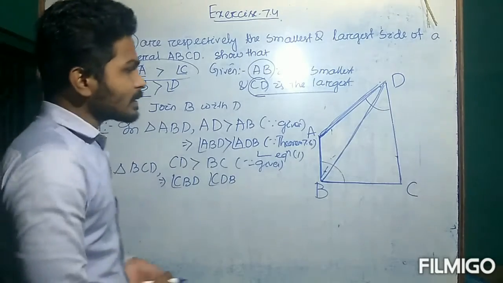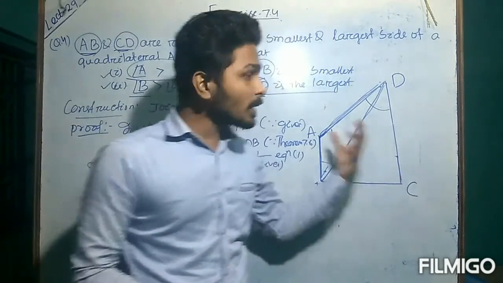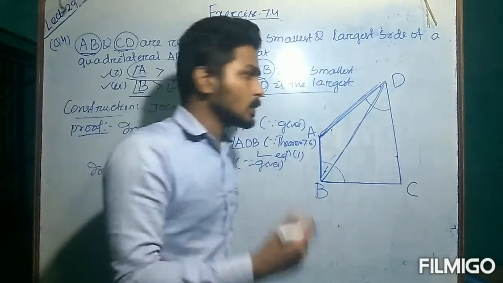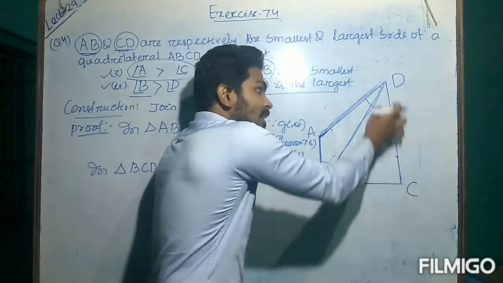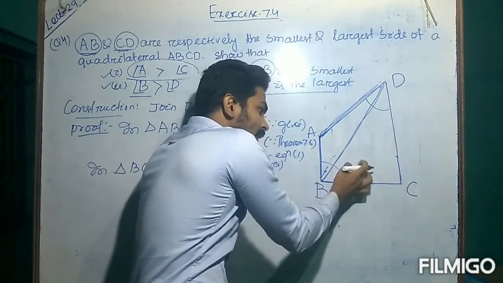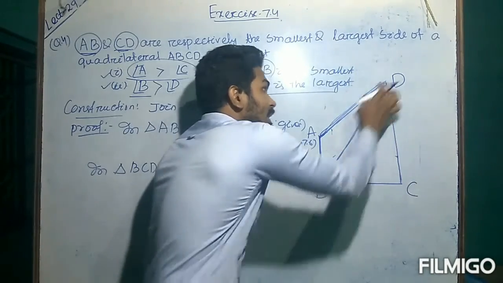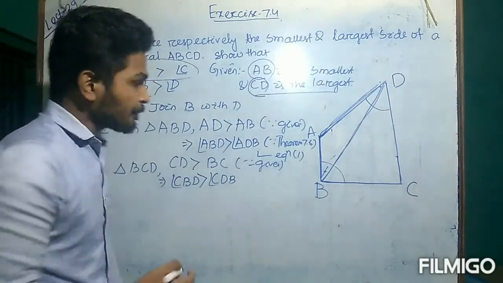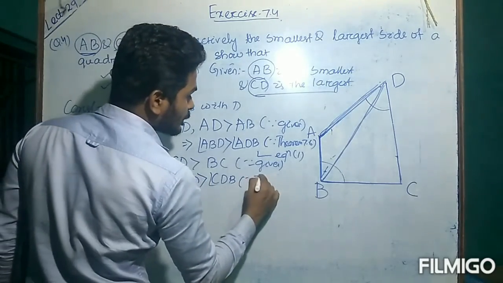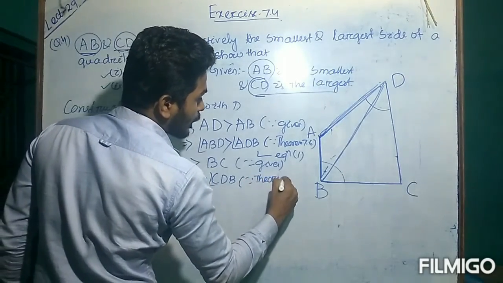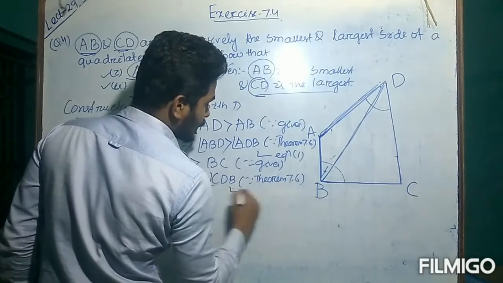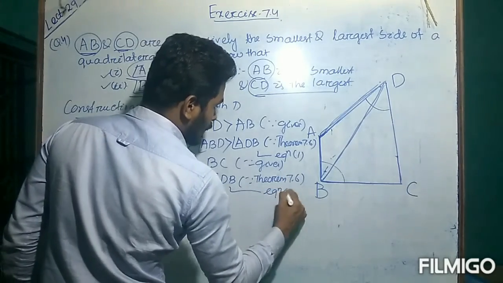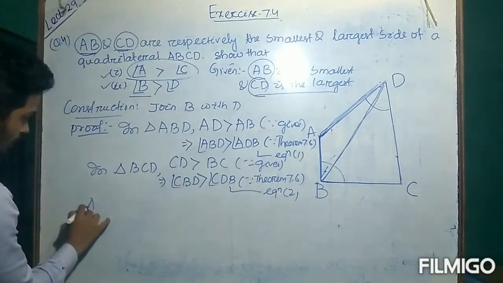According to theorem 7.6, the opposite angle of the larger side is larger. Since CD is the larger side, its opposite angle CBD must be larger, due to theorem 7.6. Let's say this is equation 2. Now we will add these two equations.